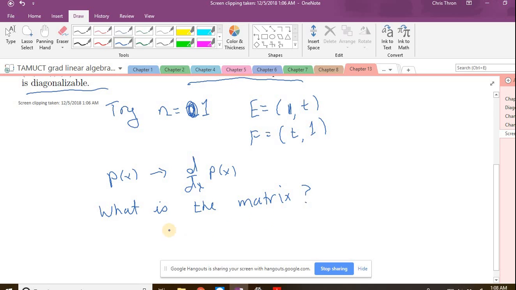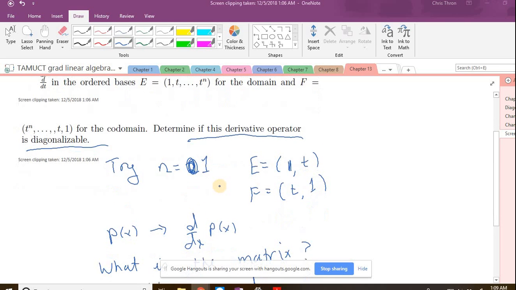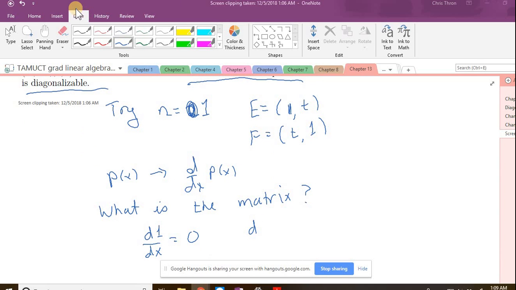Yeah, but you don't take the derivative of a set. I think what you mean is the derivative of 1 is 0, and the derivative of t, actually I should say, I have an x and a t here. Does he use x or t? He uses t, so I better get rid of my x's. My bad.